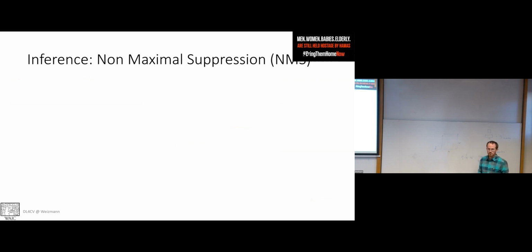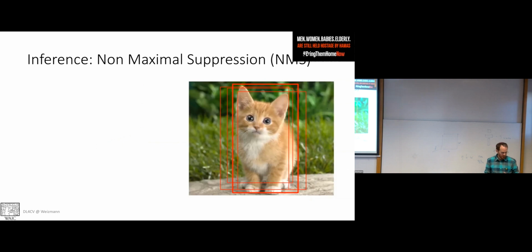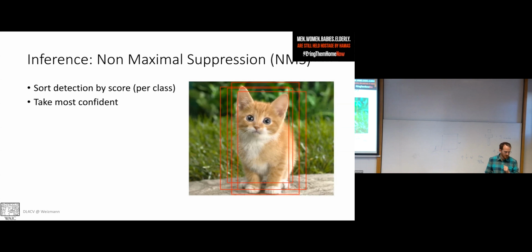So as a post-processing during inference, we can apply non-maximal suppression. It's called NMS. We sort all the predictions we have for a specific class, and each prediction has a confidence score because we predict the probability of that class. Now we can iterate. Once we score all the bounding boxes, we take the most confident one. We are sure this is a cat.